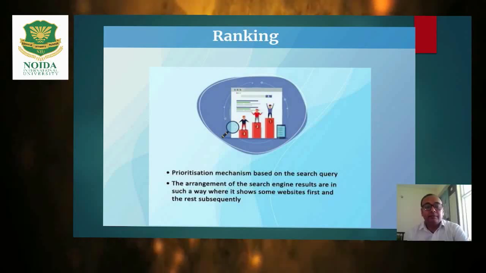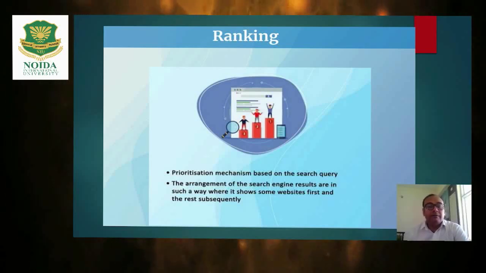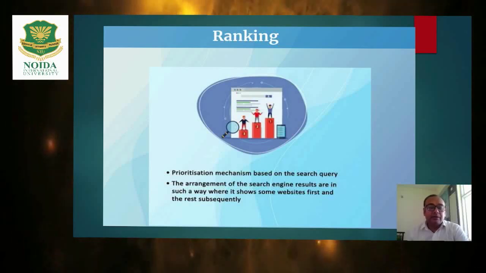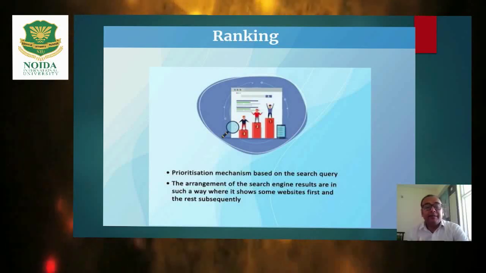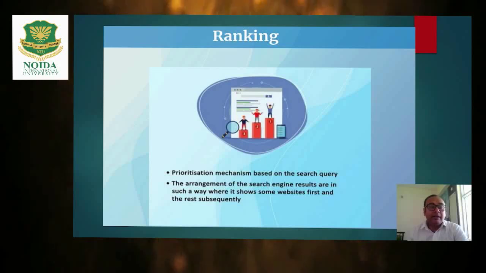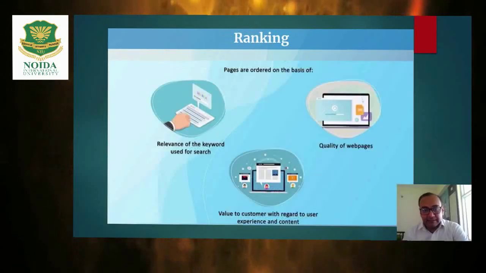The better the search keywords that you have, the more ranking it provides to you. So it is like an arrangement of search engine results in such a way that it shows some websites first and the rest subsequently, because those websites are ranked in such a way that their keywords are taken directly, or are more connected to the customers.